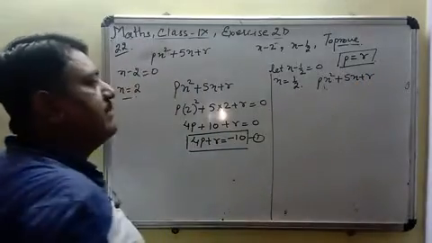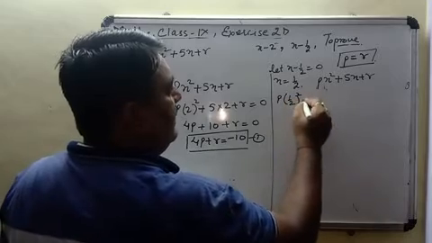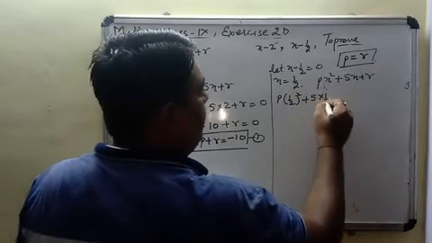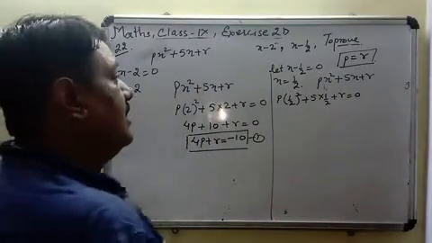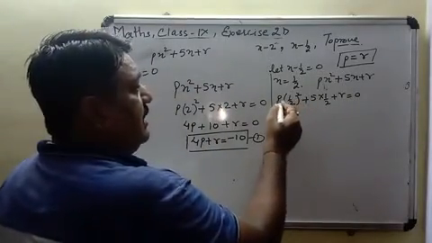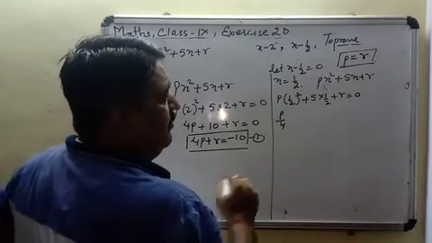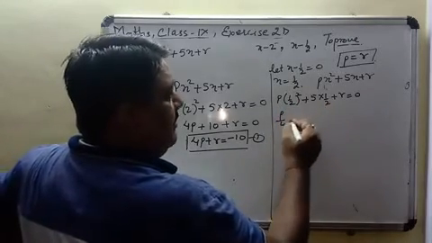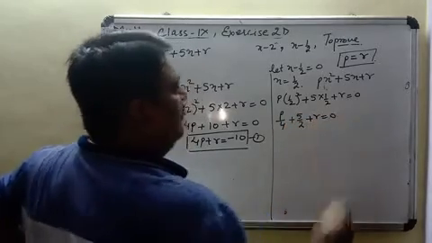Put x equals 1 by 2 over here. p into 1 by 2 square plus 5 into 1 by 2 plus r, that is equal to 0. This will become 1 1 जा 1 into p. 2 का स्क्वायर करेंगे p by 4. This will become 5 by 2 plus r equals 0.